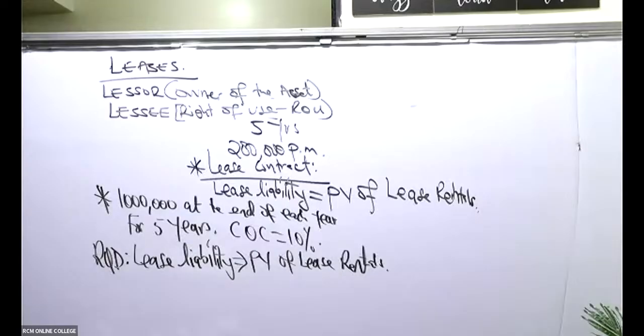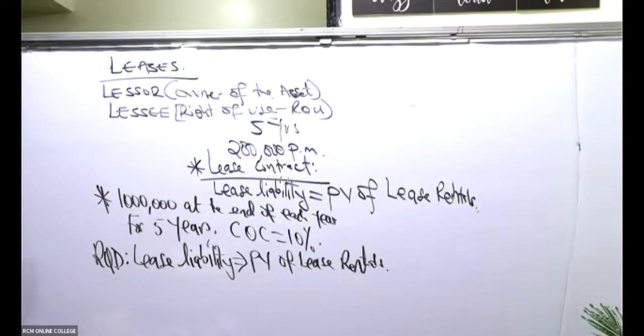Submit. Give me this value. Try your best. Is there somebody who is able to give us? Let's see whether there is anybody who will be able to give us, because we need to know how to discount.